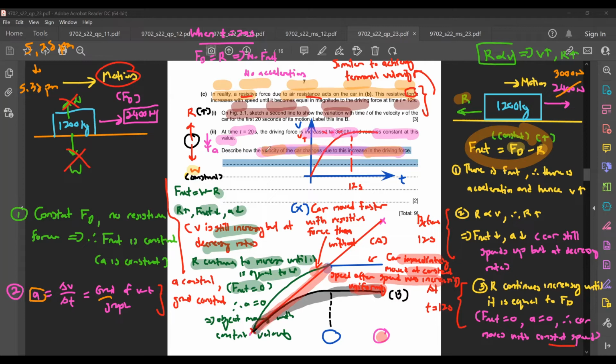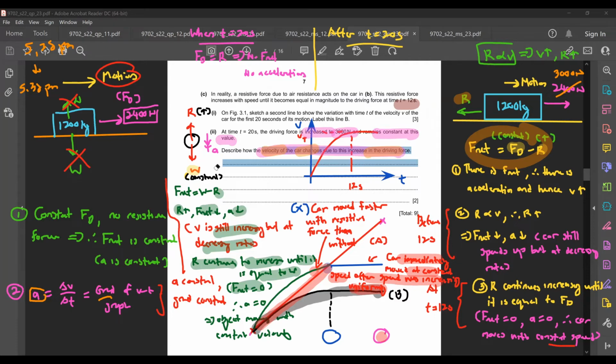Then what happens is you increase your driving force after 20 seconds. You're going to suddenly have a net force. So here you can just say that after t equals 20 seconds, your F_T, your driving force, is more than your resistive force.